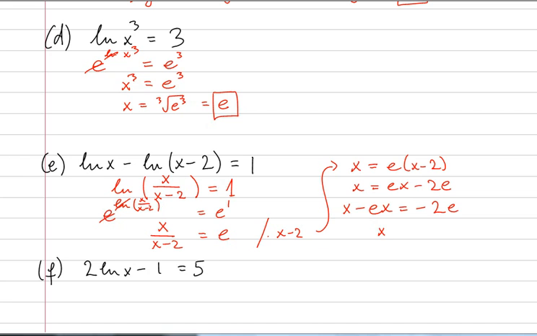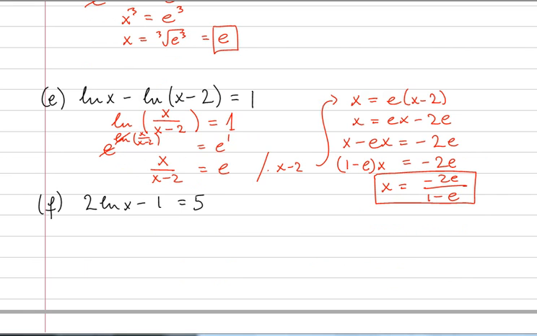And I collect all the coefficients of x. So it's 1 minus e times x equals negative 2e. And therefore x equals negative 2e divided by 1 minus e. And that's my final answer for this problem.